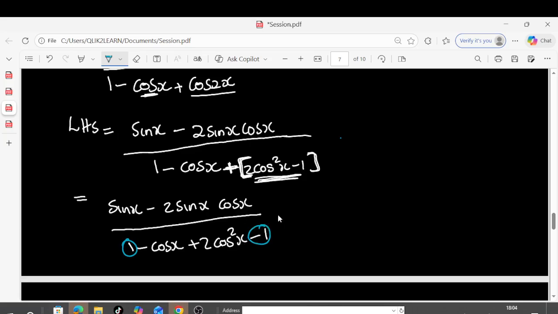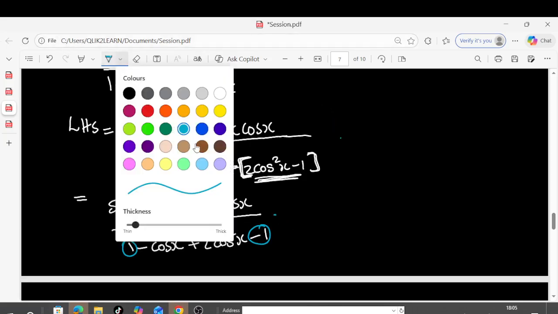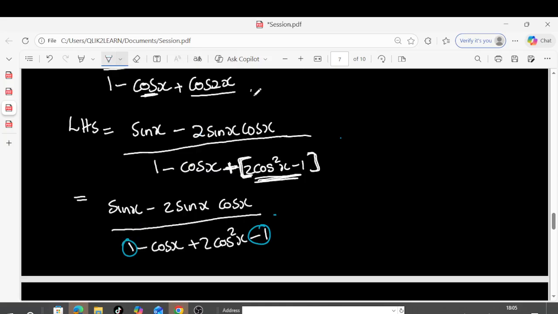But now, just to save time, look at what we have on top. We have a common factor. And what is our common factor? Sine x. So I'm going to take out sine x as the common factor.